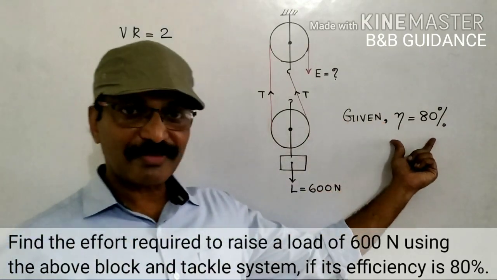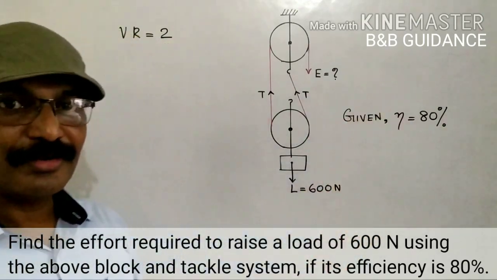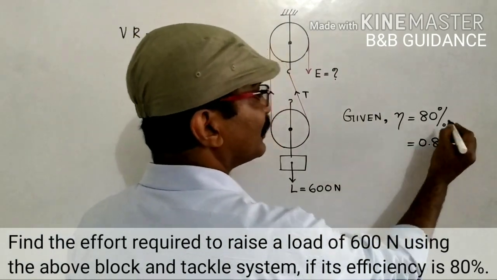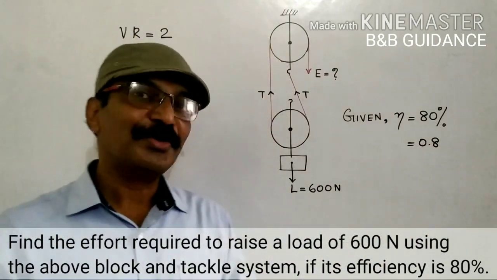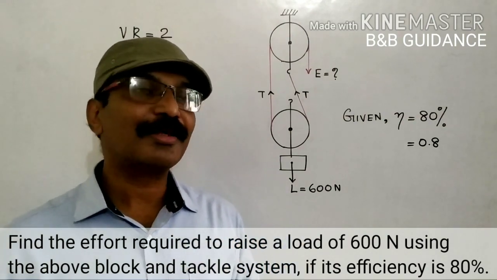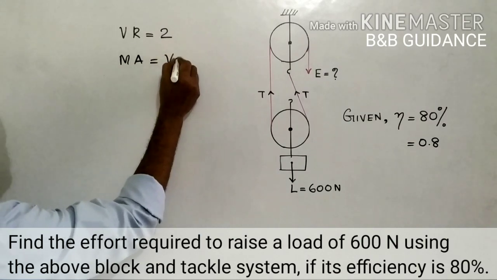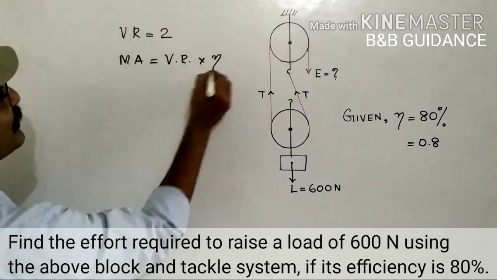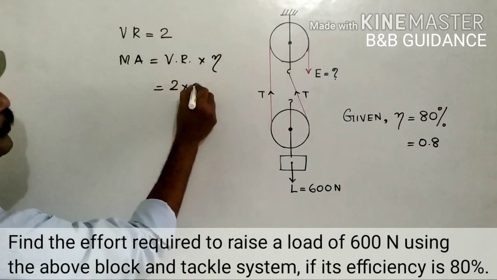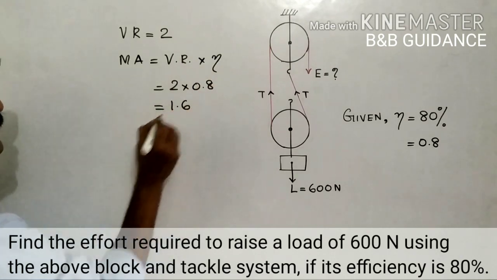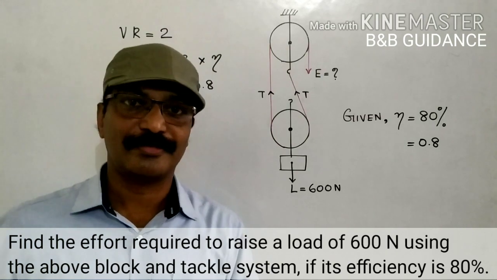Then efficiency is given, that is 80%. 80% means 80 by 100, that is nothing but 0.8. So you can find the mechanical advantage. Mechanical advantage is equal to velocity ratio multiplied by efficiency, that is 2 into 0.8. So the mechanical advantage you will get 1.6.